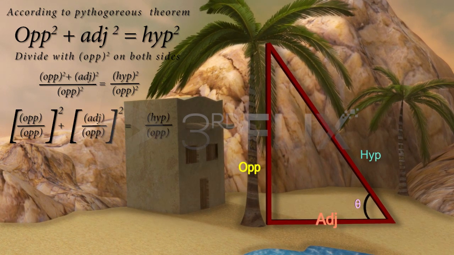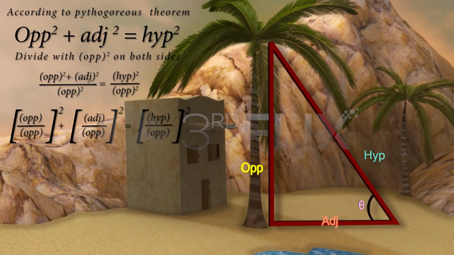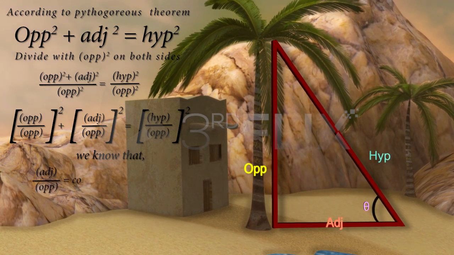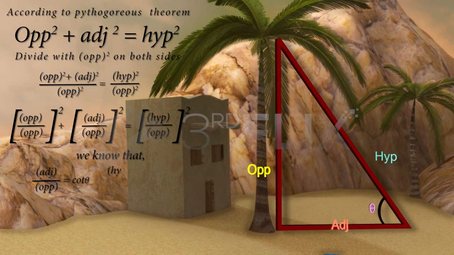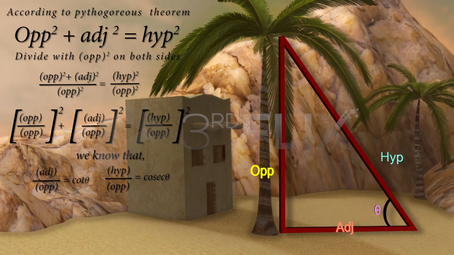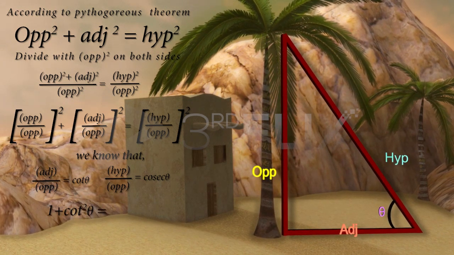We know that adjacent side by opposite side equals cot theta, and hypotenuse by opposite side equals cosecant theta. By substitution, we get the Pythagorean identity. Cosecant square theta minus cot square theta equals 1.